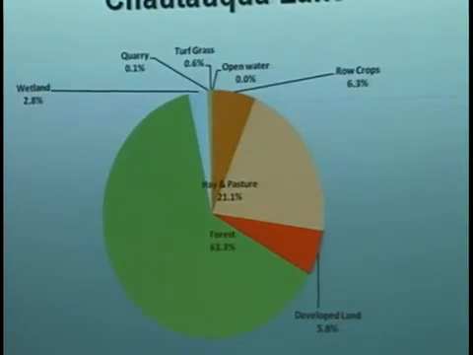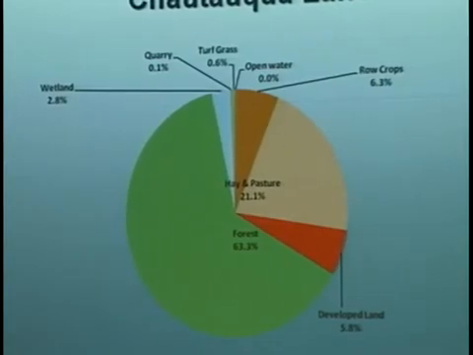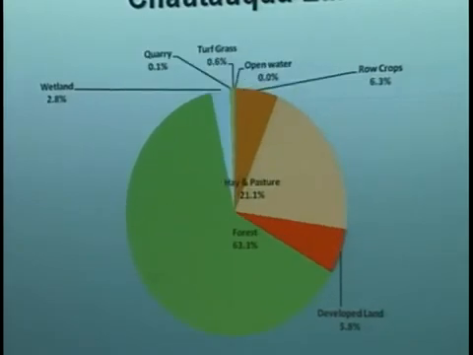This would be the percent land use in the South Basin: wetland, forest, developed land, hay and pasture, etc. If you look between the two, it appears very similar. It doesn't change drastically, if you can see.